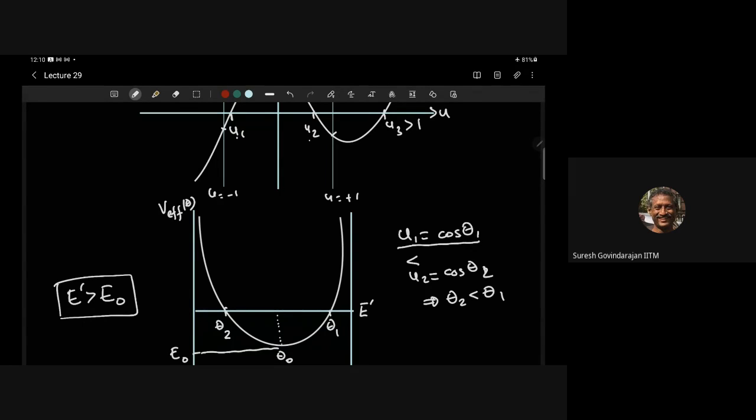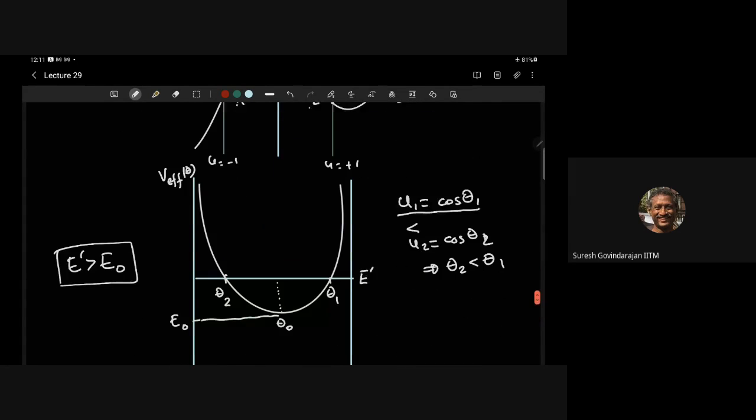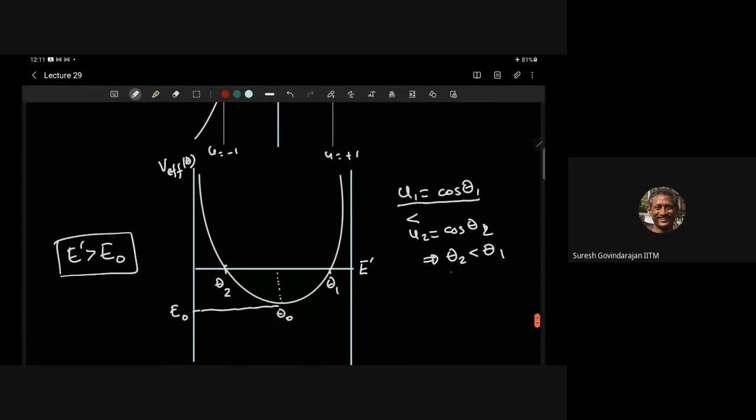These theta values should be related to u1 and u2. So u1 should be cosine theta 1 and u2 should be cosine theta 2. But we defined u1 to be less than u2, so theta 2 should be less than theta 1. So you just have to exchange that.